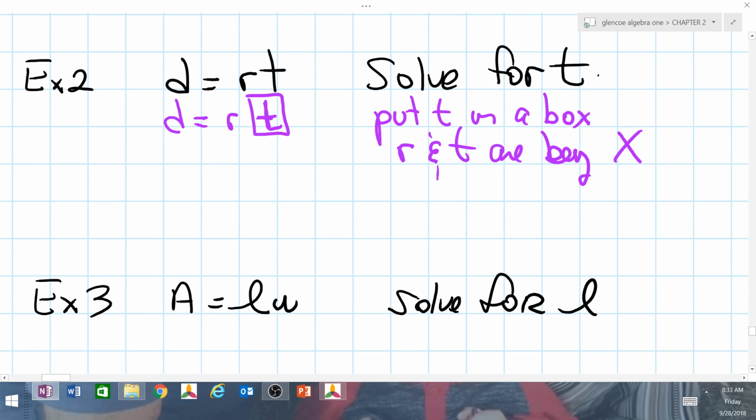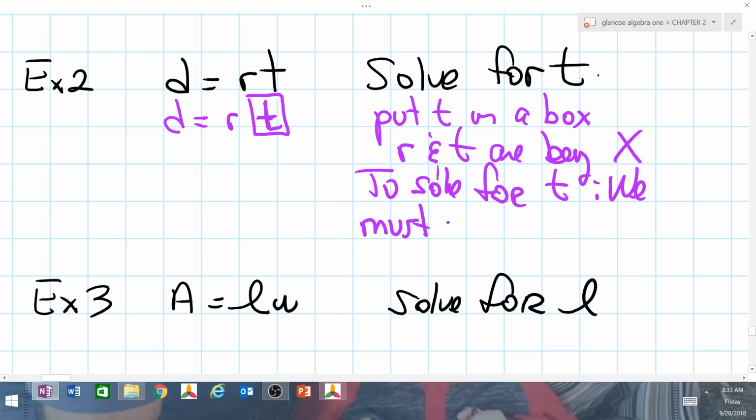Division. So if we want to solve for t, we must do what? Divide each side by what? No, we don't want to divide by t. We want t all by itself. So if we divide each side of the equation by r, we have a new form of the distance equation.